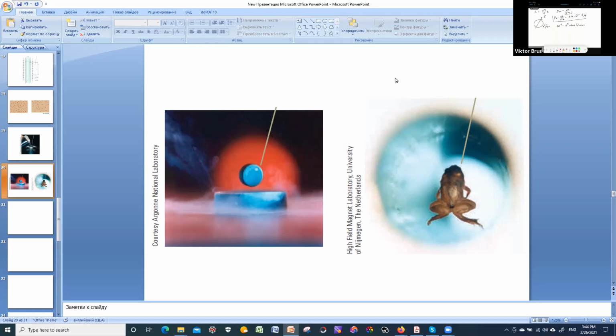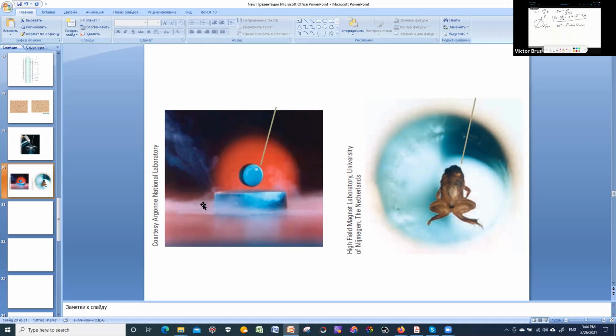An ideal example of a diamagnetic material is a superconductor.